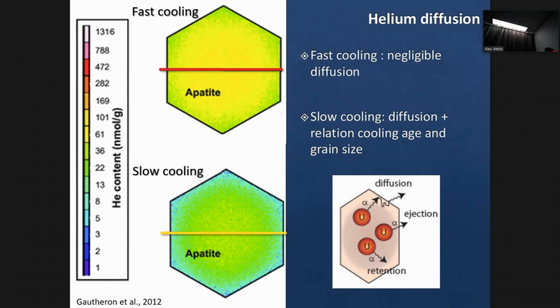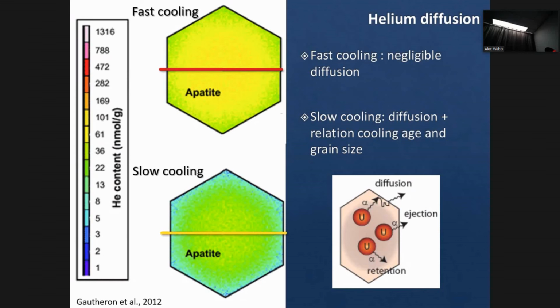So how do we identify slow cooling, since we are not doing this kind of mapping systematically? We look at the relation between the cooling age and the grain size. Imagine that for small grains, it's very easy for the helium to go from the core to the border, so you will diffuse much more helium from small grains. If you have big grains, most of the helium will remain in the apatite, and mostly the border will be depleted.